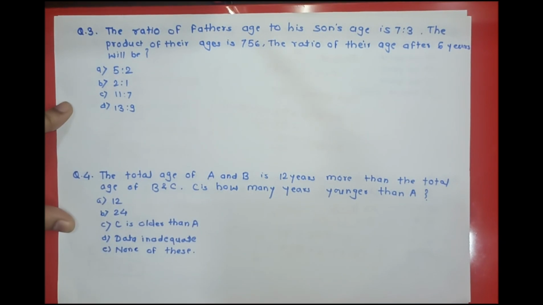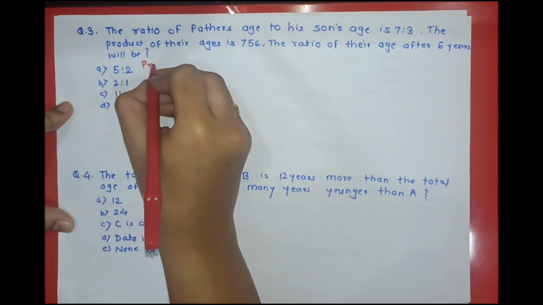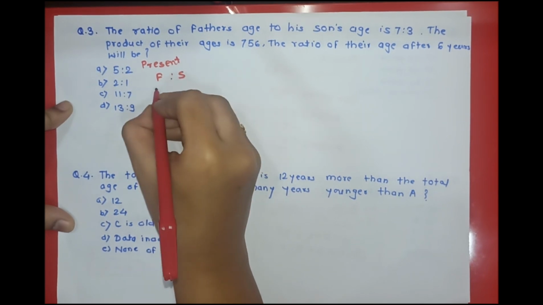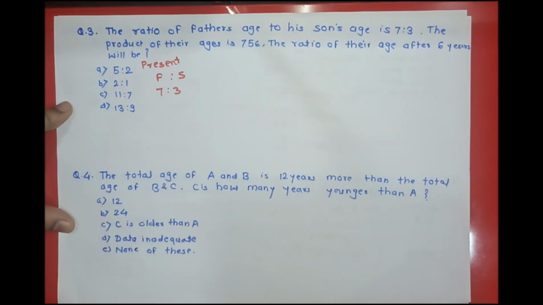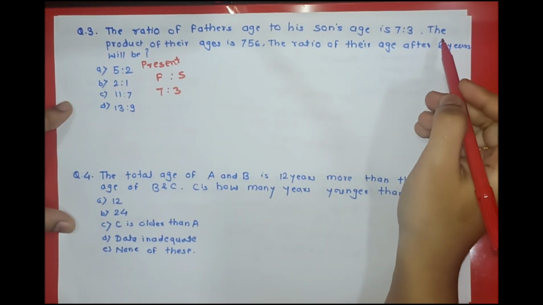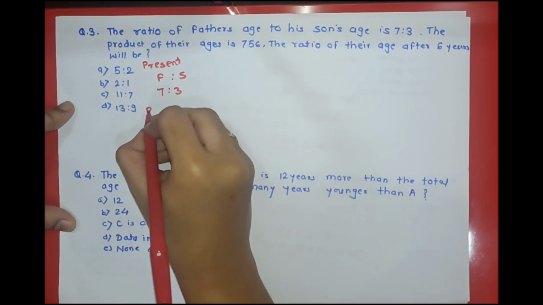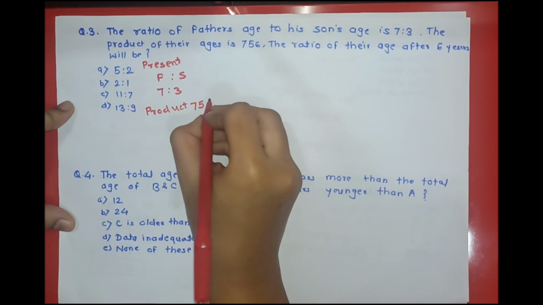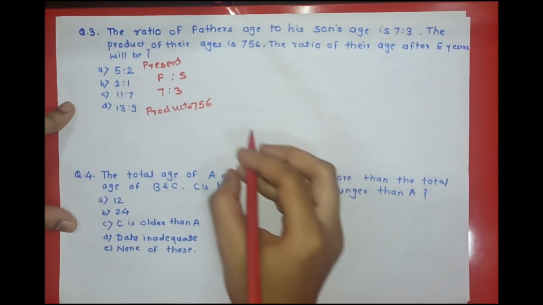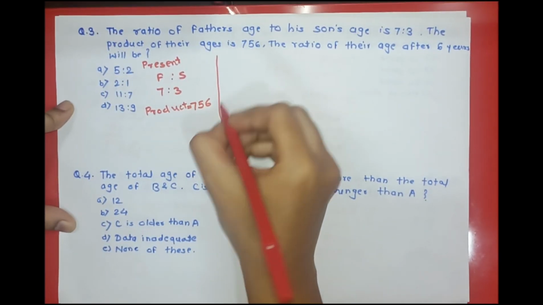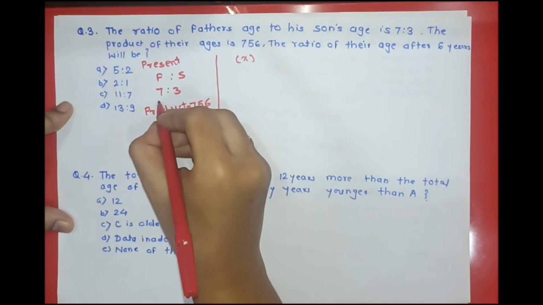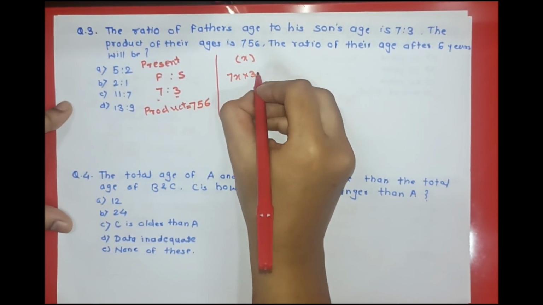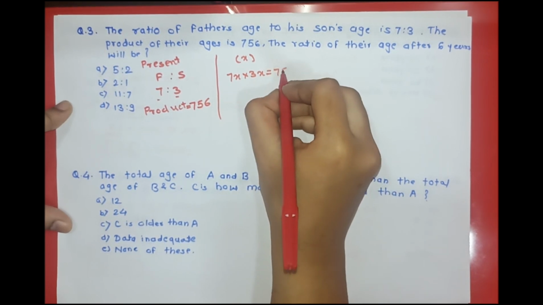So at present, the father to son's ratio is given as 7:3 and the product is 756. So if we consider the common multiple as x, using this ratio we can write it as 7x into 3x, and it is 756.